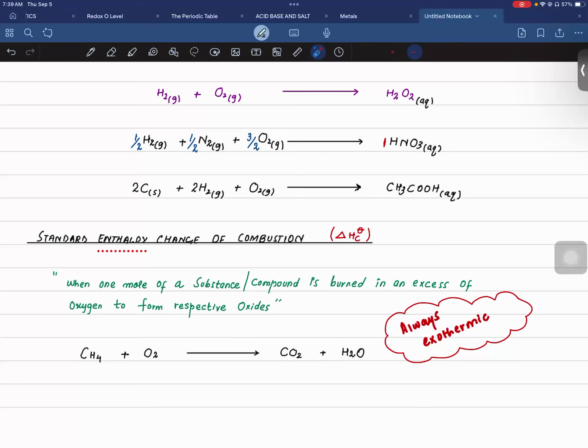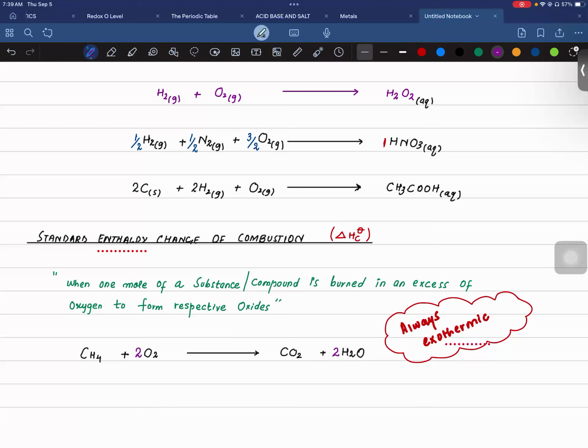So to balance this equation, you can only do this. 1 carbon, 4 hydrogens. So this is 2 into 2, that is equal to 4. When I have written 2 over here, hydrogen is balanced, but oxygen, if you can see, this is 2 oxygen and this is 2. So total is 4 oxygen. So now I'm supposed to write 2 over here.